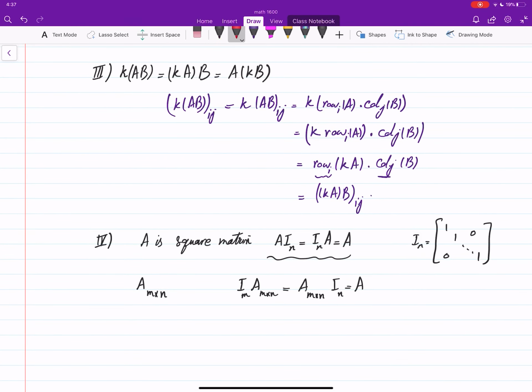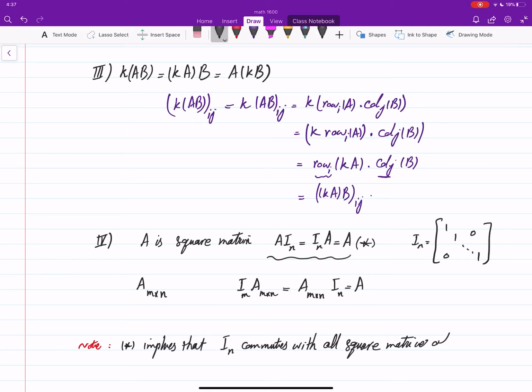Also, it means another thing. Note that the property we just have implies that the identity matrix commutes with all square matrices of order n.